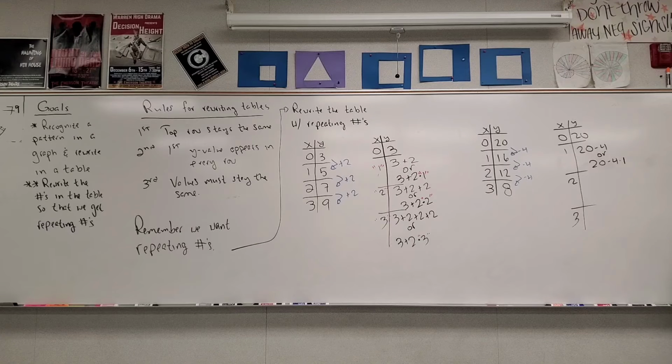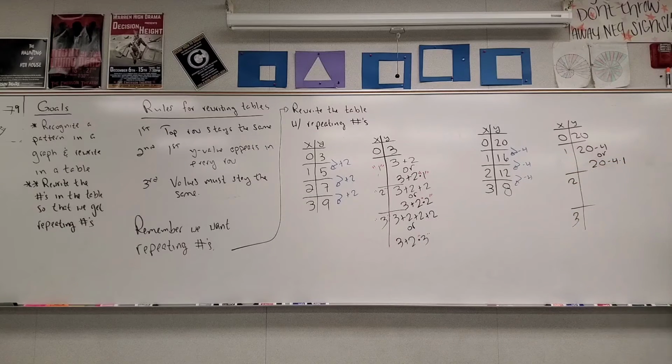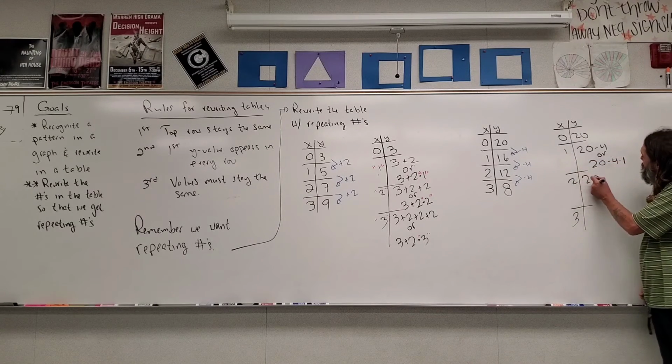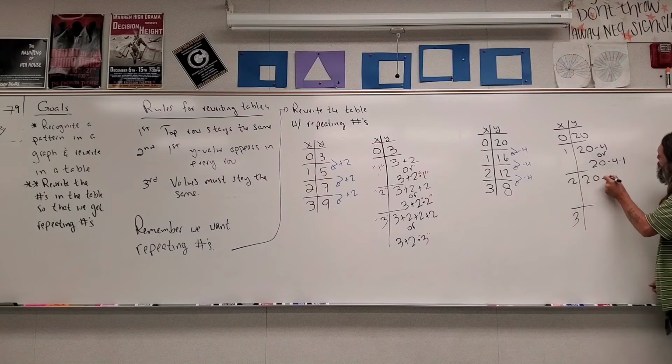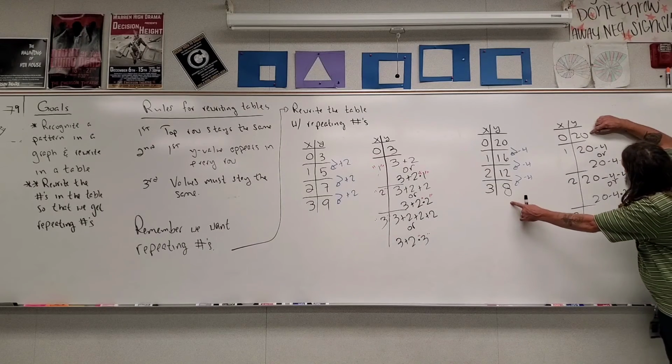This row, again, I have to use a 20 in it, and I have to get the value 12. And the way that I'm going to get the value 12 using a 20 is I have to subtract 2 4's, which I can rewrite as 20 minus 4 times 2. And on the last row, again, I have to use the number 20 to write the value 8.